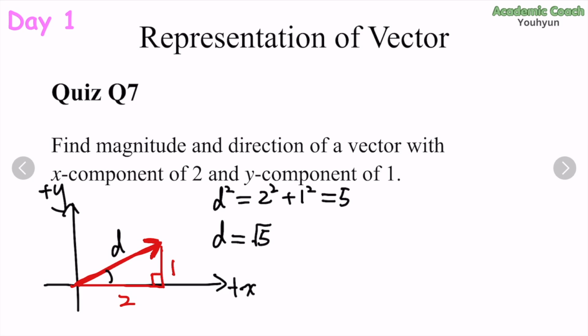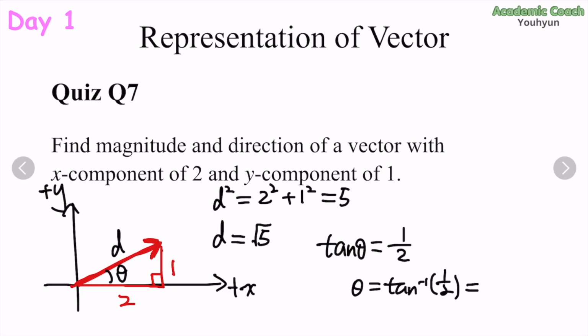And now we need to find this angle theta. So given that we already have x component and y component, tangent theta would be equal to y component over x component. And using arctangent, we can find that theta is approximately 22.5 degrees.